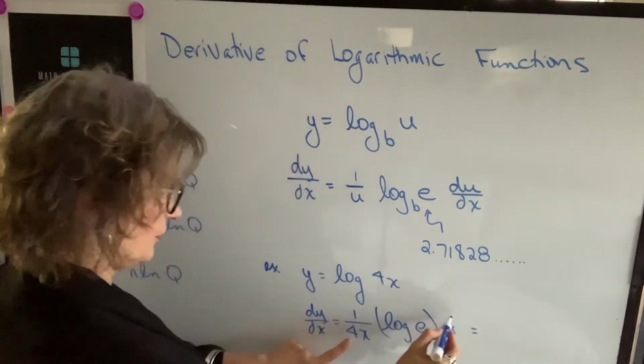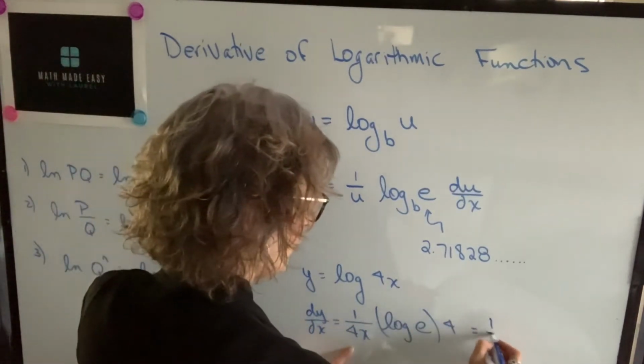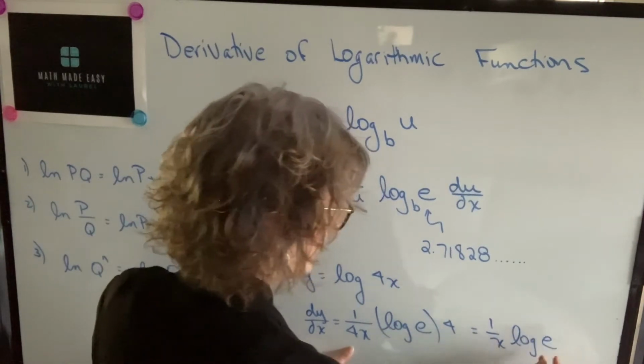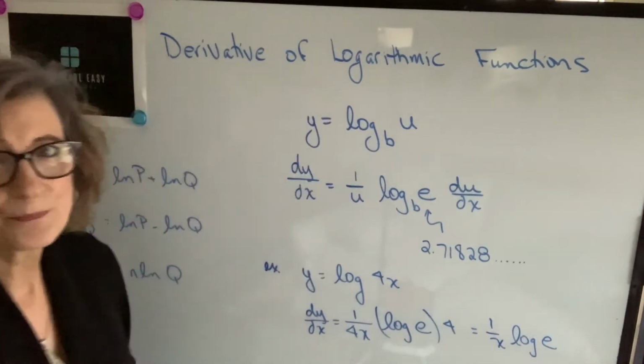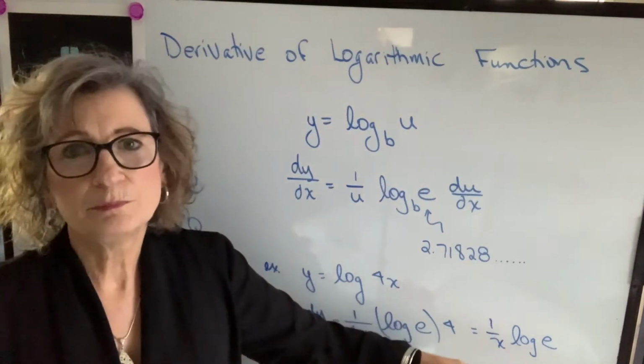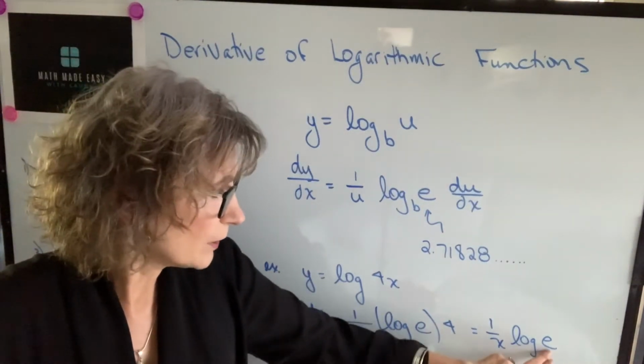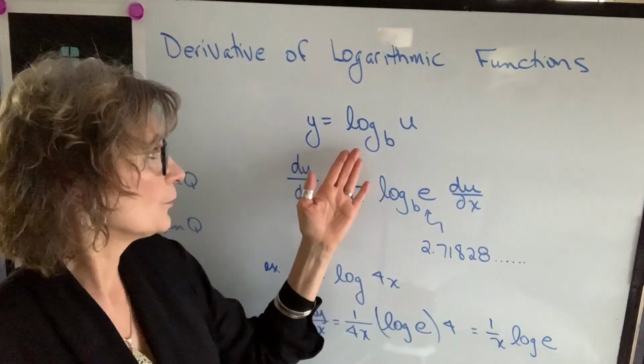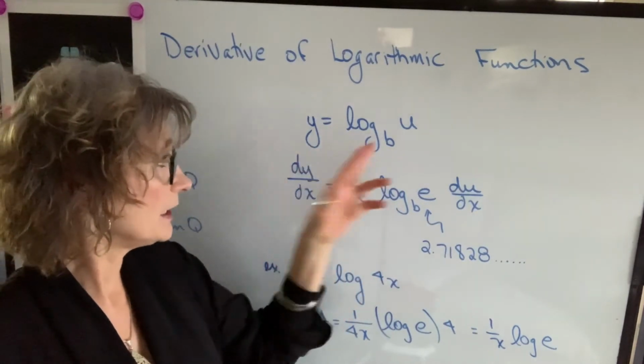So this would simplify, the 4's would cancel to be 1 over x times the log of e base 10. Now that represents a number, but often you will be expected to keep it in exact form, so you don't have to calculate that. And this is the rule for the derivative of a logarithm with any base.